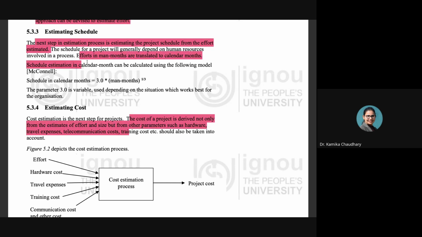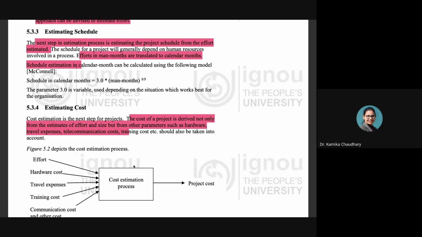Instead of 3.0, it can be taken as 4.0, depending on the particular project being developed by the company and on the requirements of that project, which variable is going to be more beneficial whenever the McConnell model is used, or whenever the schedule estimation is done by making use of this particular equation.